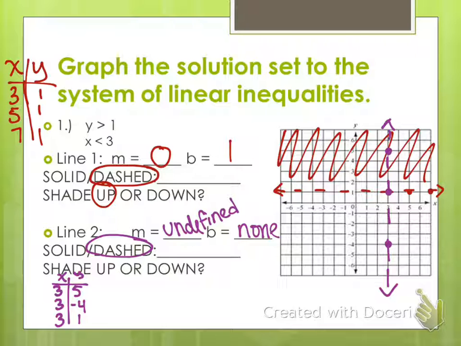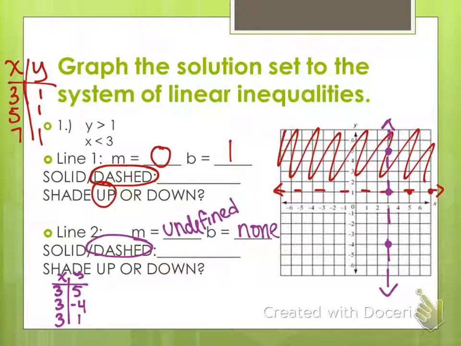Finally, we have to decide to shade up or down. Remember, with vertical lines, up or down doesn't really make a whole lot of sense. It's got to either be left or right. Keon, what do you think? Left? Why do you think left? Good. We've got a less than symbol.